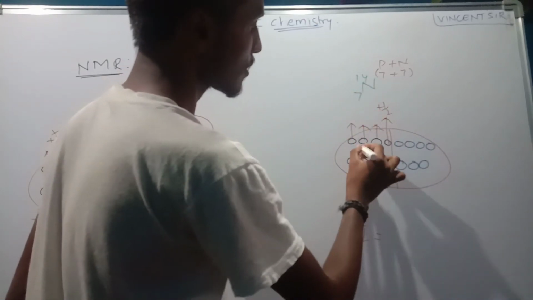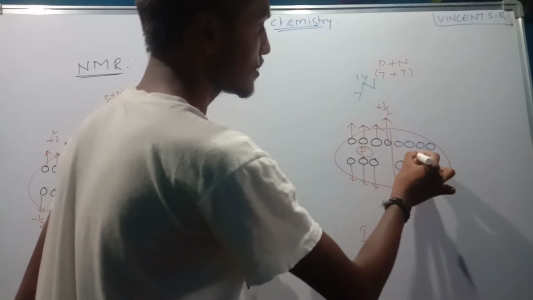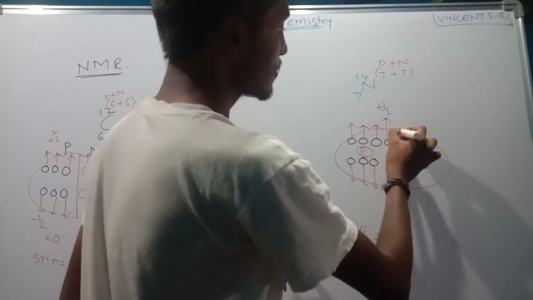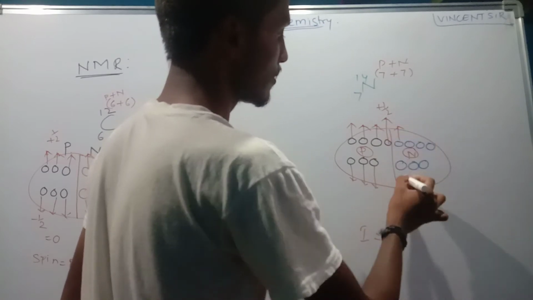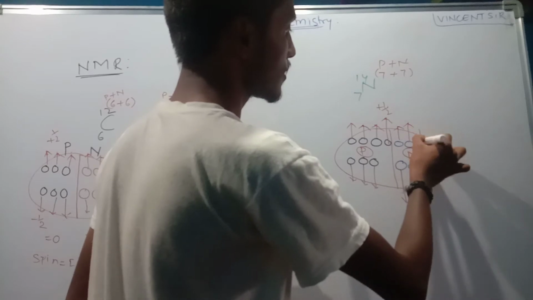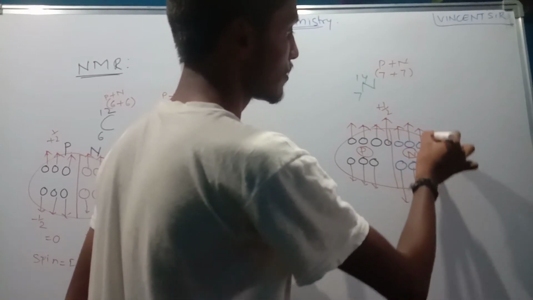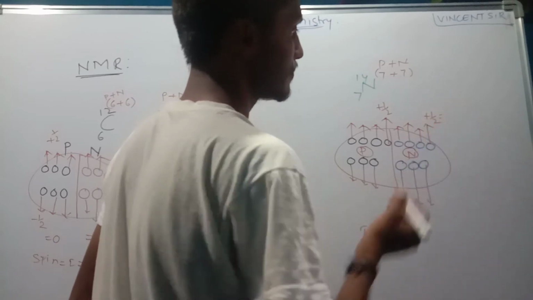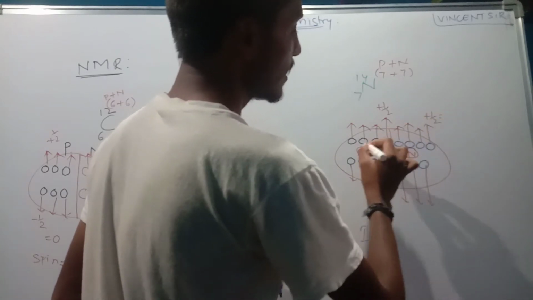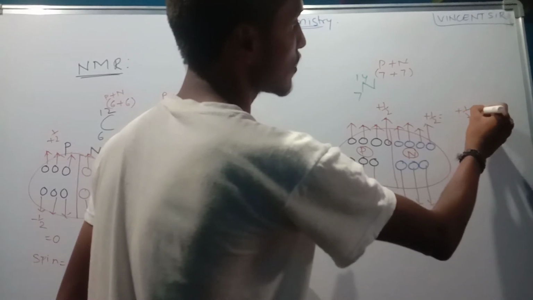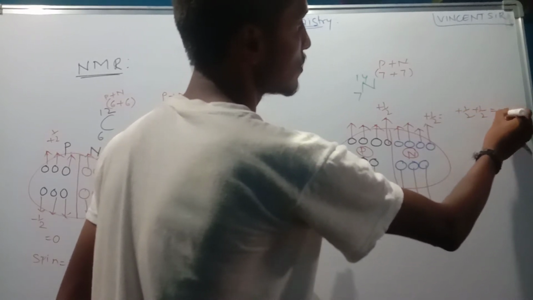This is the proton portion and this is the neutron portion. Plus, minus, plus, minus, plus, minus, and plus. So in the nucleus itself, plus 1 by 2 plus 1 by 2 equals the total spin.